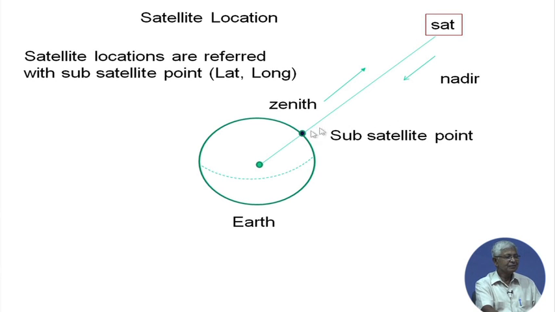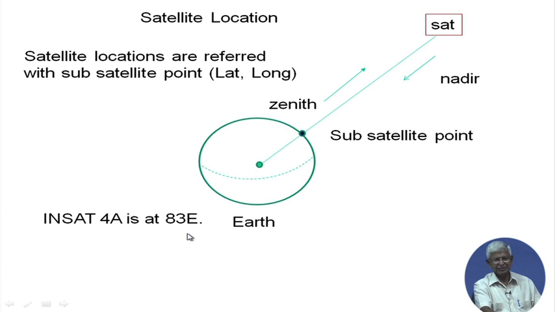Now, the location of the satellite is defined in terms of sub-satellite point latitude and longitude. It is a funny way, but very commonly used. Let us see how it looks for INSAT. INSAT 4A, one of the 4th generation satellites, is at 83° east.